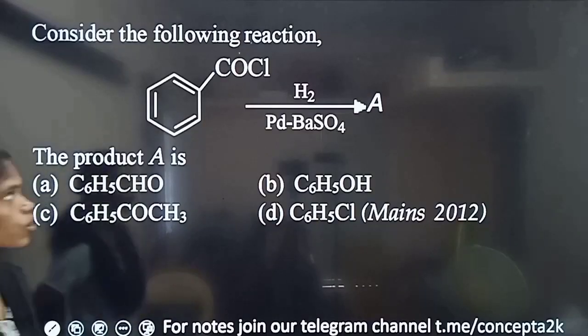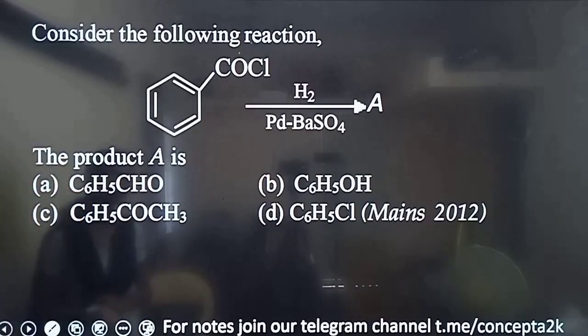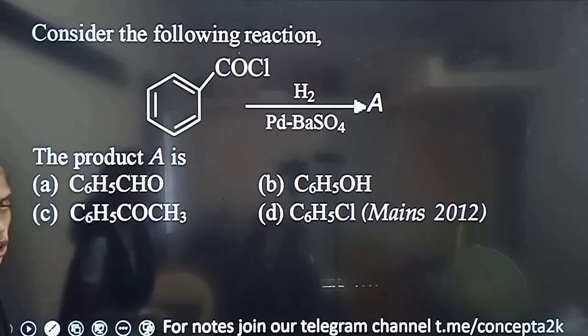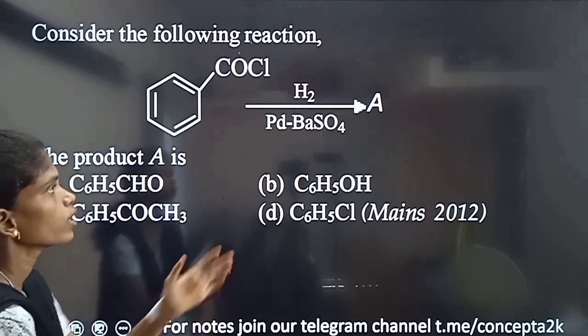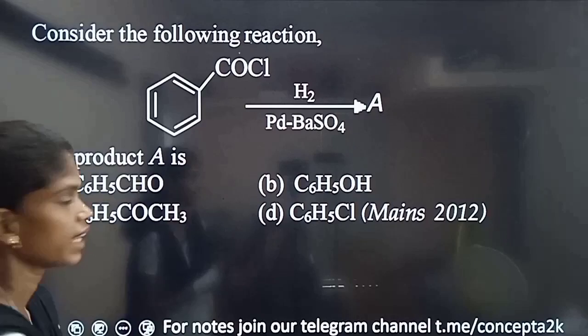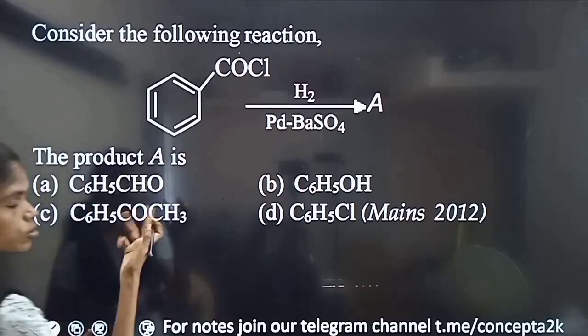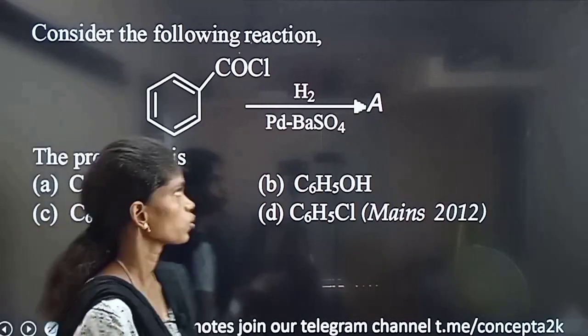Third one: consider the following reaction. Benzoyl chloride in the presence of H2 and Pd/BaSO4, and they ask what the product A is. We just saw this. This is a Rosenmund reduction process.